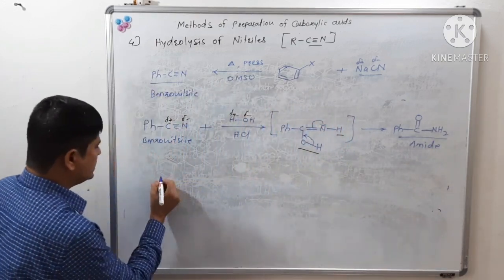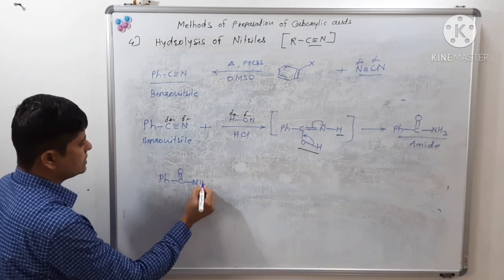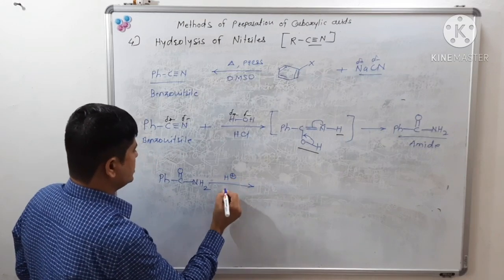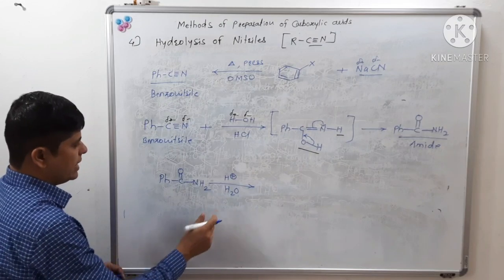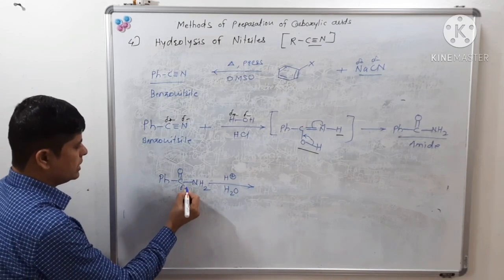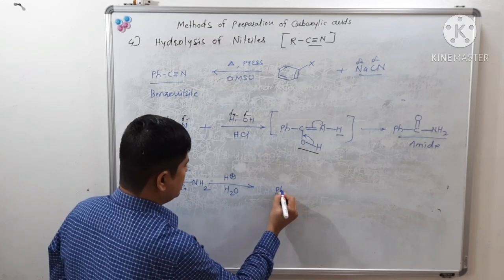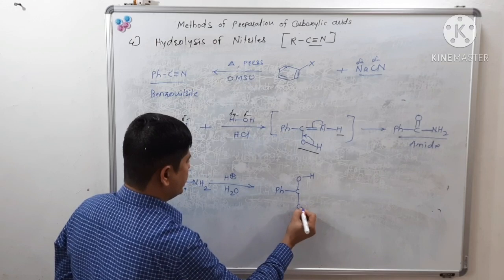Now in the second step, that amide on hydrolysis with H plus, H2O. So amide on hydrolysis, now see here, this is delta positive, this is delta negative. So you will get such a type of intermediate.